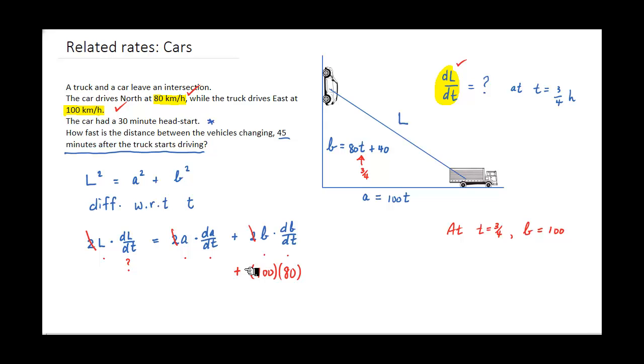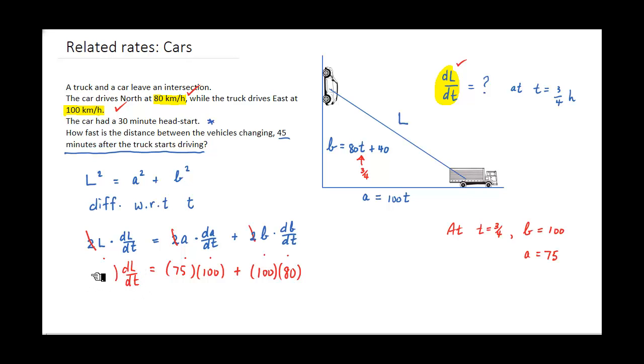dA/dt is how fast the truck is driving. That's 100. And the value of A at the 45-minute mark, well, we need 100 times 3/4. That'll be exactly 75. Okay, we don't know dL/dt, so that'll have to stay as dL/dt.